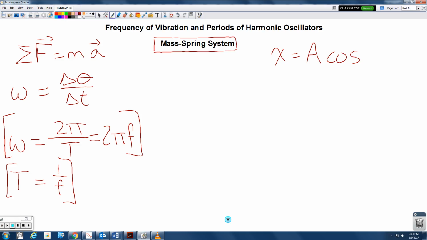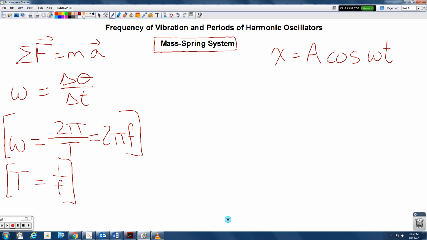And just in the same way that distance is equal to speed times time, so we had theta, an angular displacement, equal to omega t. So we said we could find the position x by finding A cosine omega t.